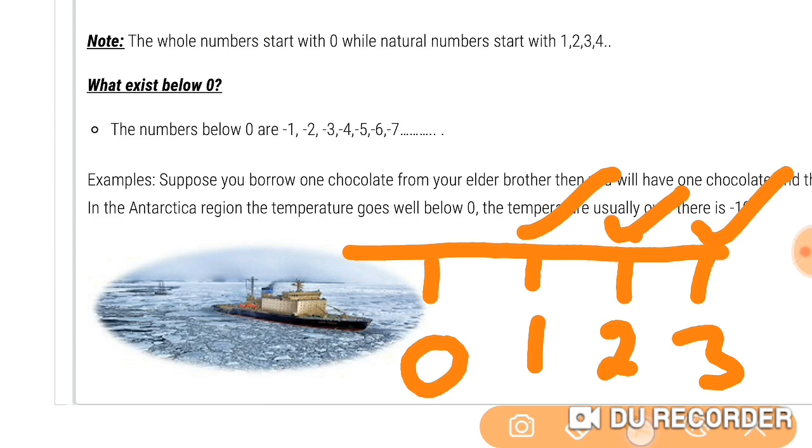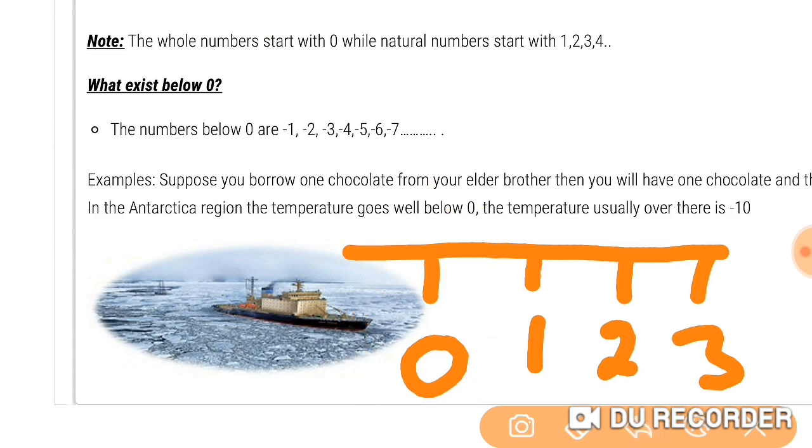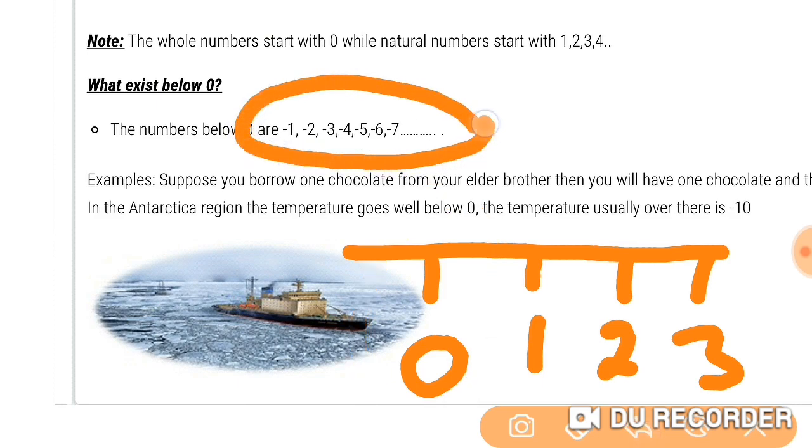In the same process, are there any numbers lesser than 0? Are there any numbers in the number system less than 0? Yes, those are nothing but the negative numbers, the numbers below zero.